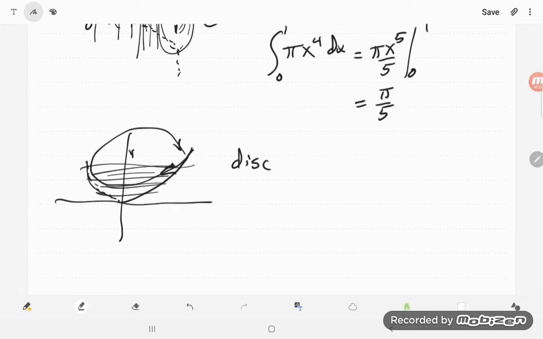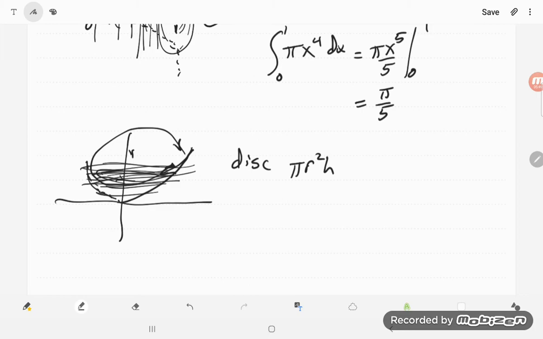As I make that disk here, right, we still need a pi r squared h to get our volume of a given disk. Well, now because we're rotating around the y-axis, we're going to make slices perpendicular to the y-axis to make our disks.